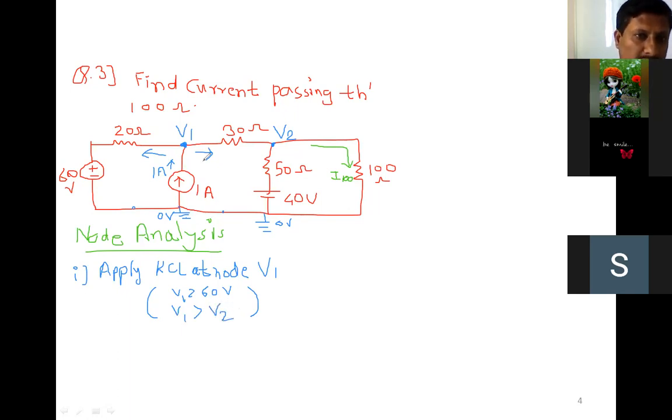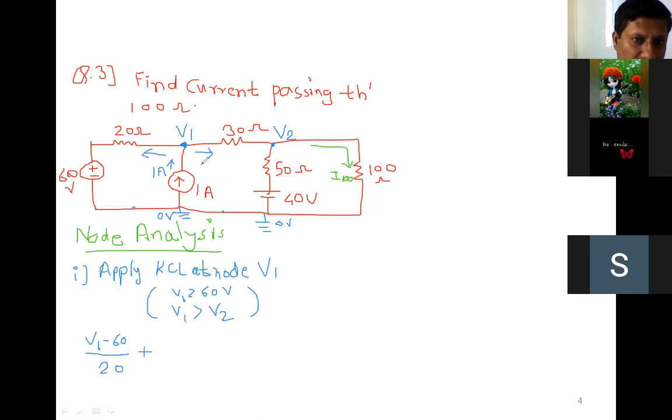Okay. So out of these three currents, two currents are outgoing, means these two are positive, and one is incoming, that you can take negative. So V1 minus 60 divided by 20 ohm resistor.